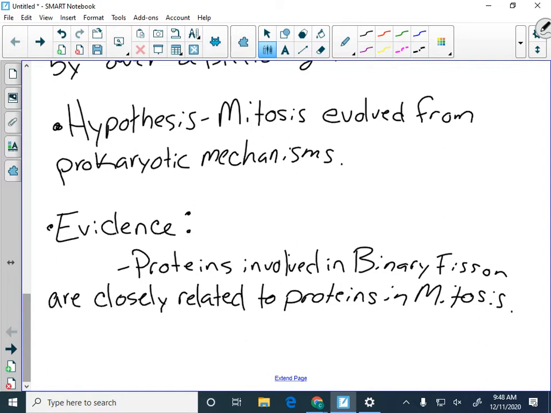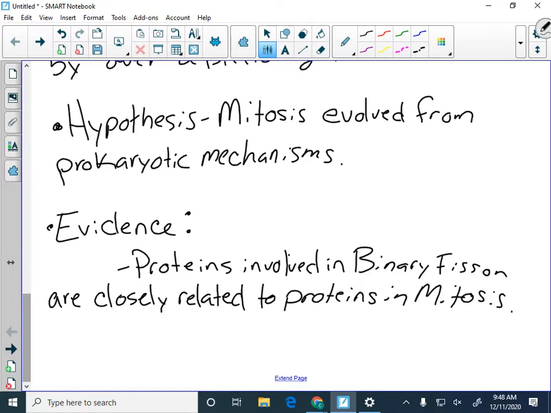They have similar functions, they have similar structures. They're not quite the same, so there's probably some changes over time because of the changes in what the process needed. But that's our biggest piece of evidence, that we can look at the proteins involved in binary fission and the proteins involved in mitosis and see some very glaring similarities.